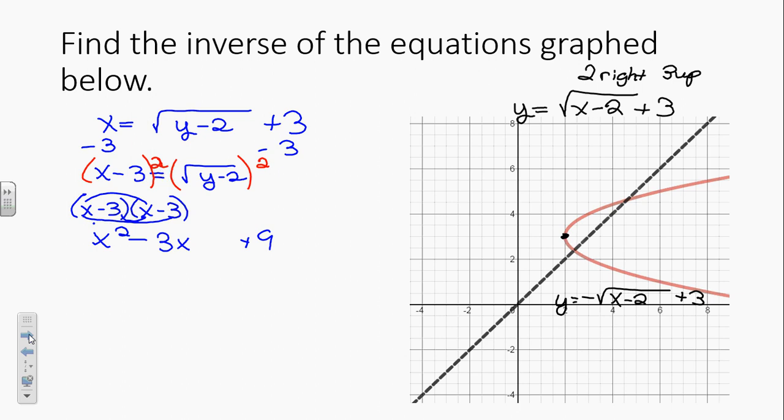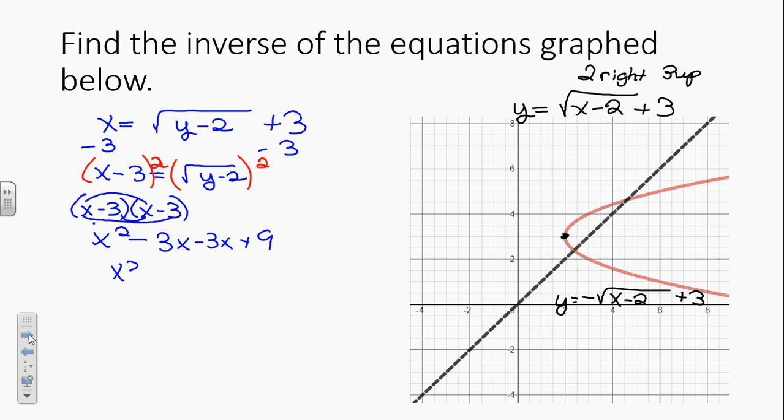And what are we going to get for the middle? Negative 3 times an x is going to get us... ooh, even better. I like that. Yes, yes, yes, yes. Let's do that. Let's leave that in vertex form. I'll show you two ways.